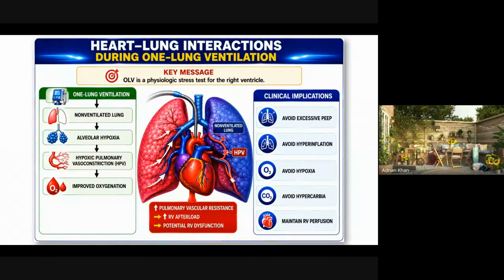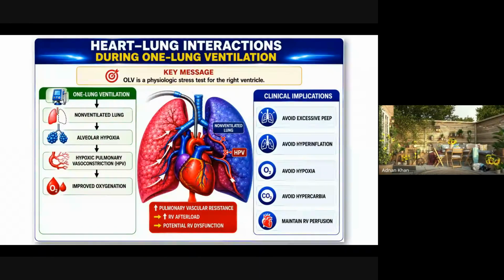Now, the heart-lung interaction during one lung ventilation. During one lung ventilation, we have hypoxic pulmonary vasoconstriction. We will discuss HPV in the coming slides, but keep in mind that HPV diverts the blood away from the non-ventilated lung, which can reduce the shunt and preserve the oxygenation.